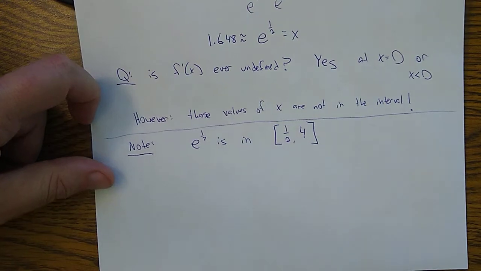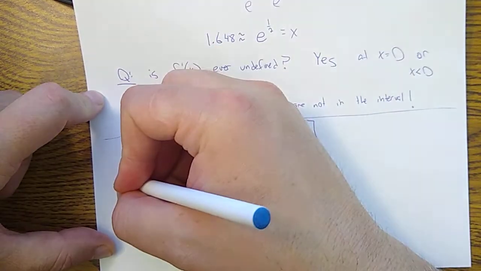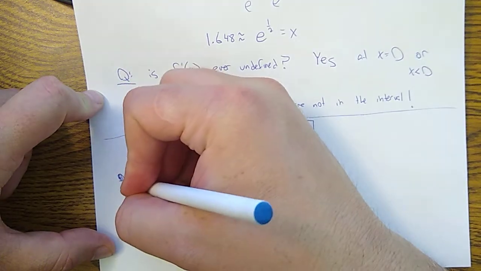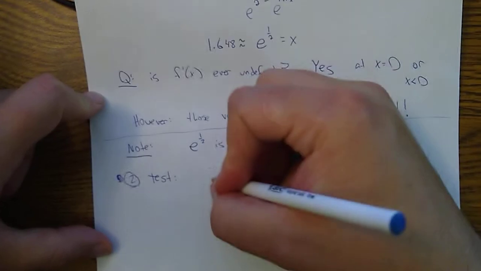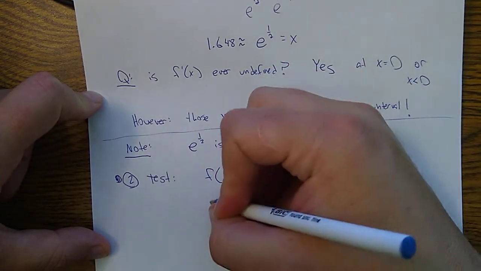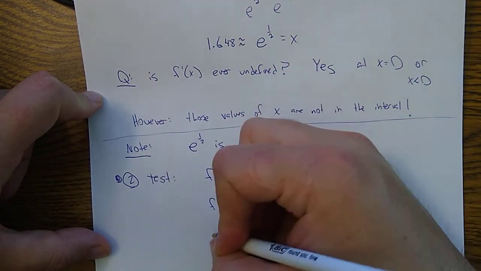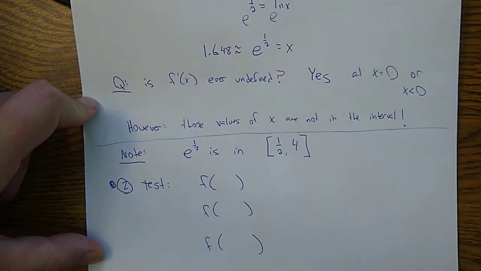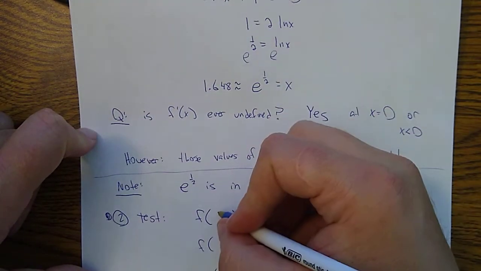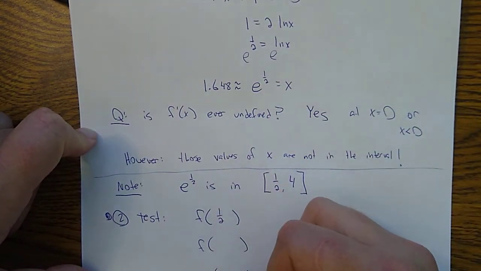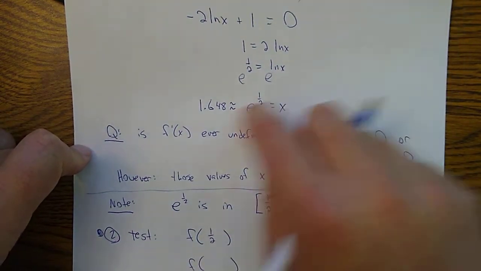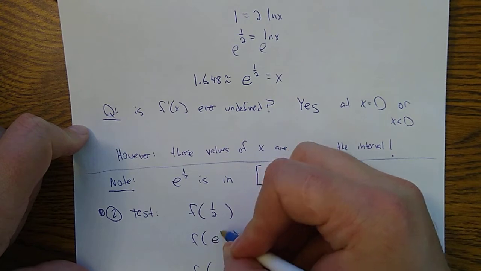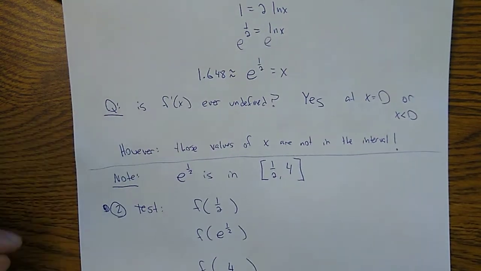So what we have to do for step 2 is to do our testing of the endpoints. My endpoints are 1/2 and 4. Those are going to be my first and my last. And in the middle, I'm going to put any critical numbers. So like that.